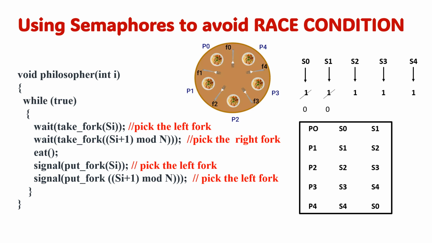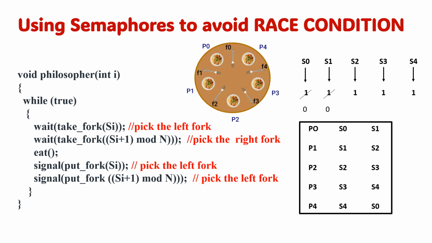Then after the critical section is over, after eating, it will again set the value of S0 and S1 to 1, so that those semaphores will be released and can be used by other philosophers. So it will work fine if they keep coming serially.